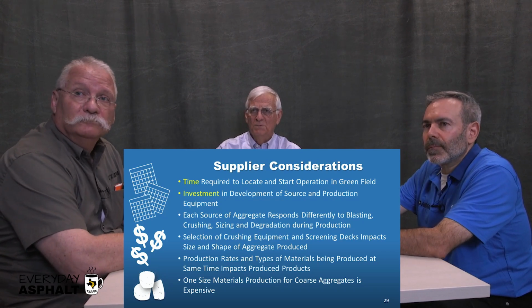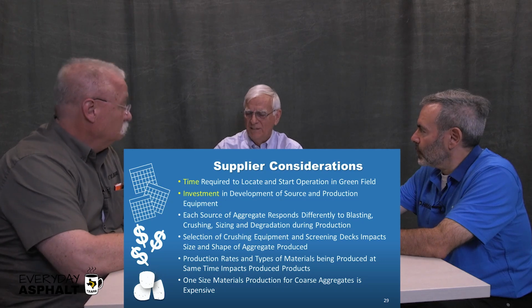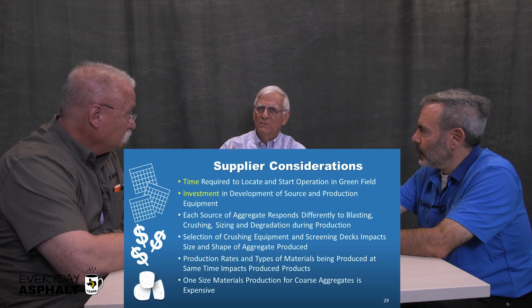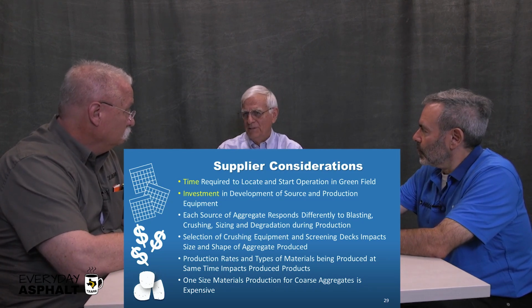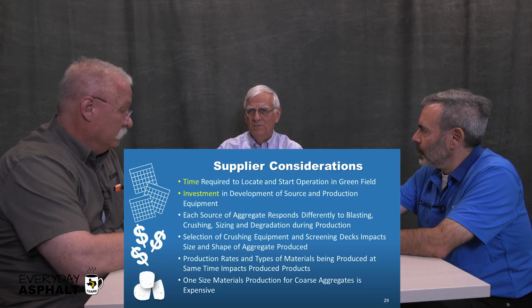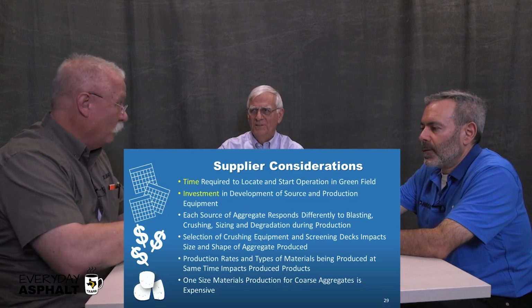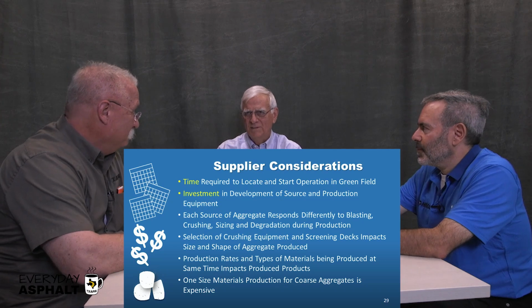Each source responds differently to blasting and crushing and size and degradation. You try to anticipate what that is when you're doing your exploratory work, and you actually take some of the material if you can to a crushing plant and crush it and see what you produce. The type of crusher matters. Yes, it does. There are jaw crushers, cones, vertical impact, et cetera.